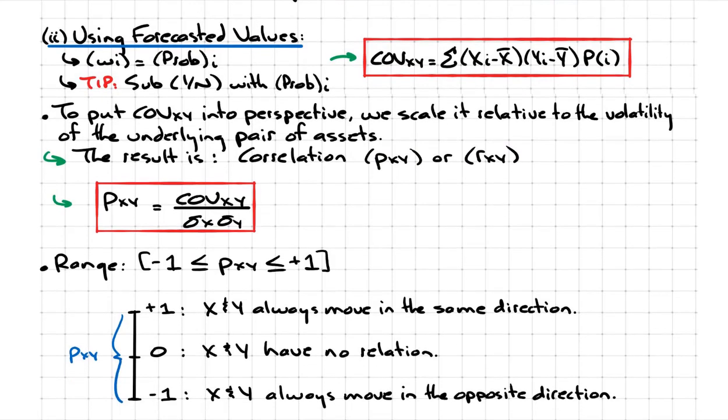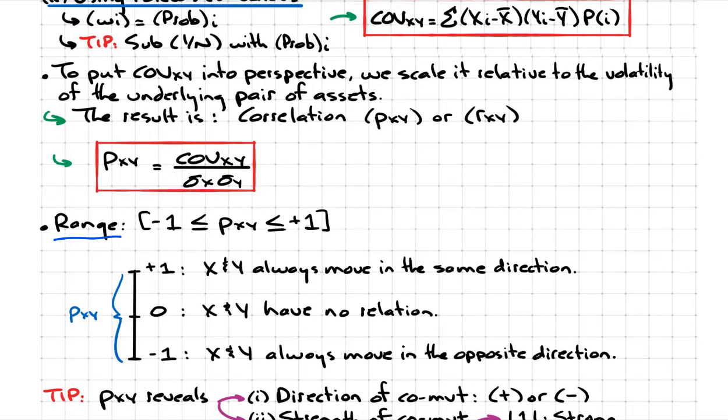So as we said before, what correlation does is it takes this degree of co-movement and says, okay, how big is this co-movement relative to the volatility of the two variables that you're looking at? So when you scale this co-movement, you get a parameter or a range. The lowest value that correlation could take on is -1, and the highest value that correlation could take on is +1. So it'll be within that range.